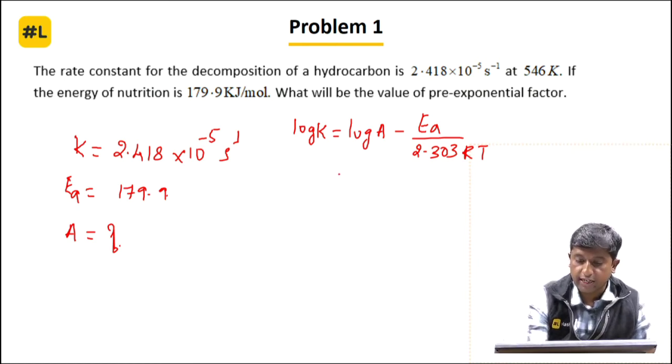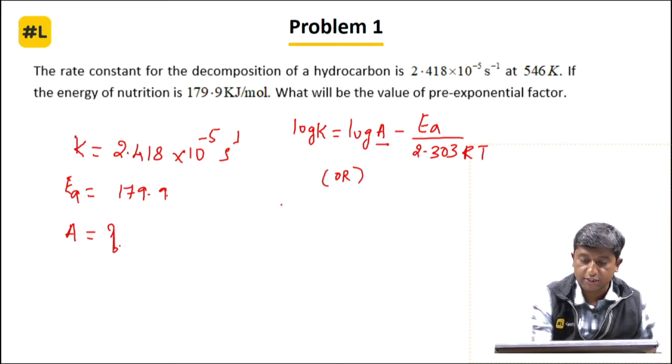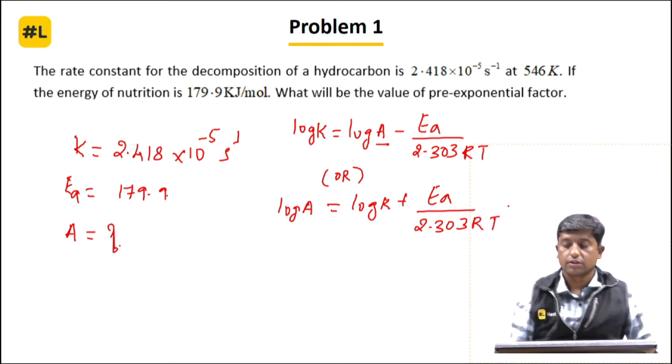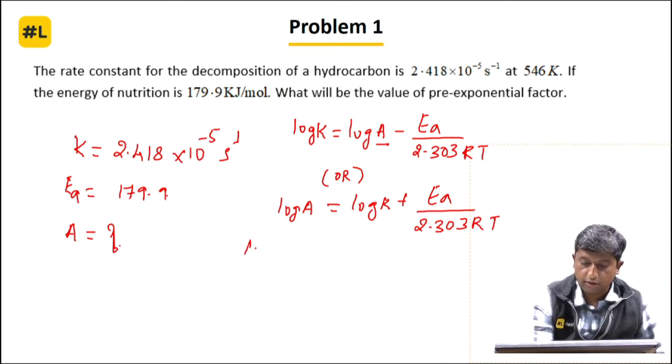Let us rearrange this equation. I need to calculate A, so I can rearrange as log of A equal to log of k plus EA divided by 2.303 RT. Now let us substitute.